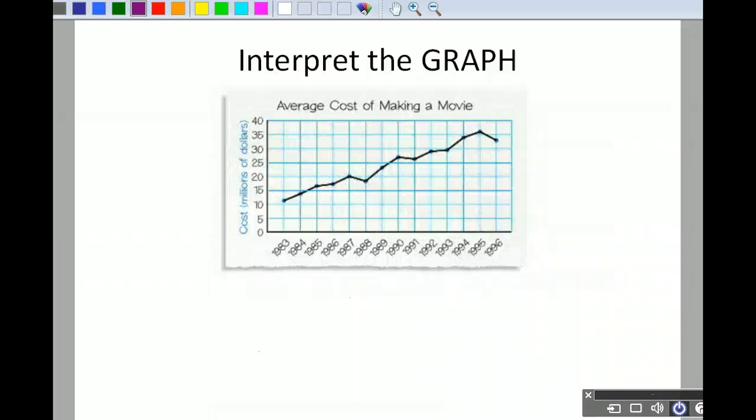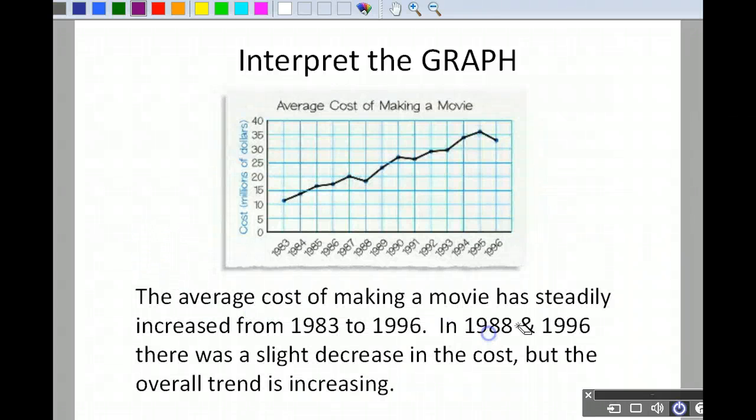It appears to me that since 1983, the cost of making a movie has increased through 1996, with 2 years, 1988 and 1996, showing a slight decrease in making a movie, but the overall trend has been one that's increasing. And you can read all of that if you'd like.